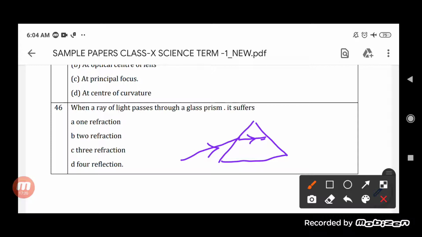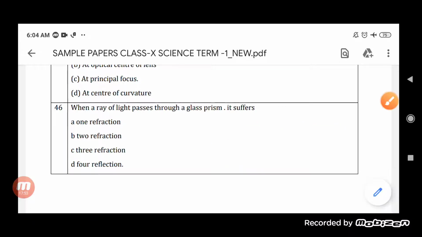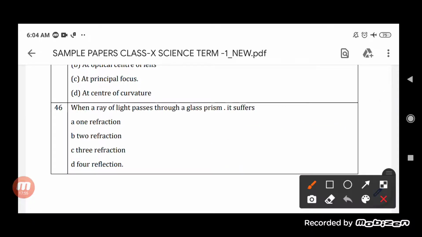This is the first refraction. Then from the denser medium it goes to the rarer medium, so it moves away from the normal. So we can say there are two refractions in a glass prism. The answer will be two refractions.